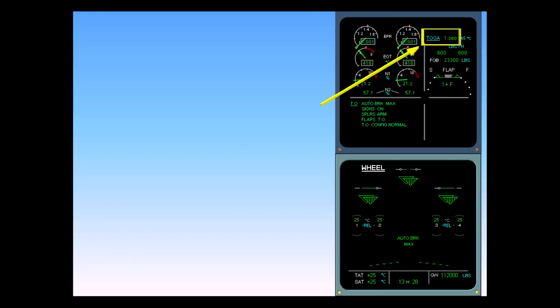The selected mode is displayed in the upper right-hand corner of the engine warning display. Toga represents the maximum thrust available from the engine for the actual outside air temperature, OAT, of the day. The EPR rating limit displayed alongside the selected mode indicates the related EPR value.